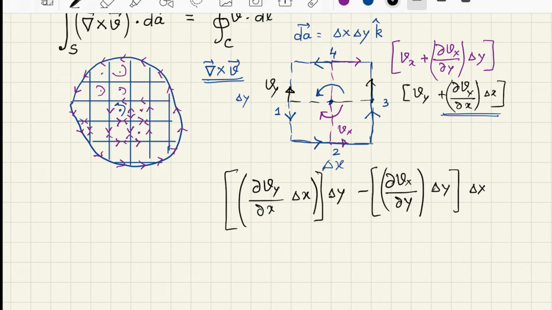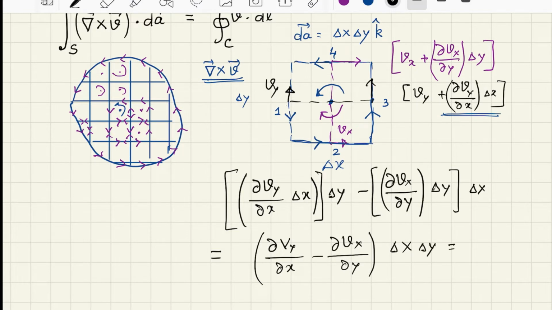Now, as I had argued earlier, this is nothing but delta Vy by delta x minus delta Vx by delta y, times delta x delta y, which I can now replace by dA. So what I have is delta Vy by delta x minus delta Vx by delta y, times dA.